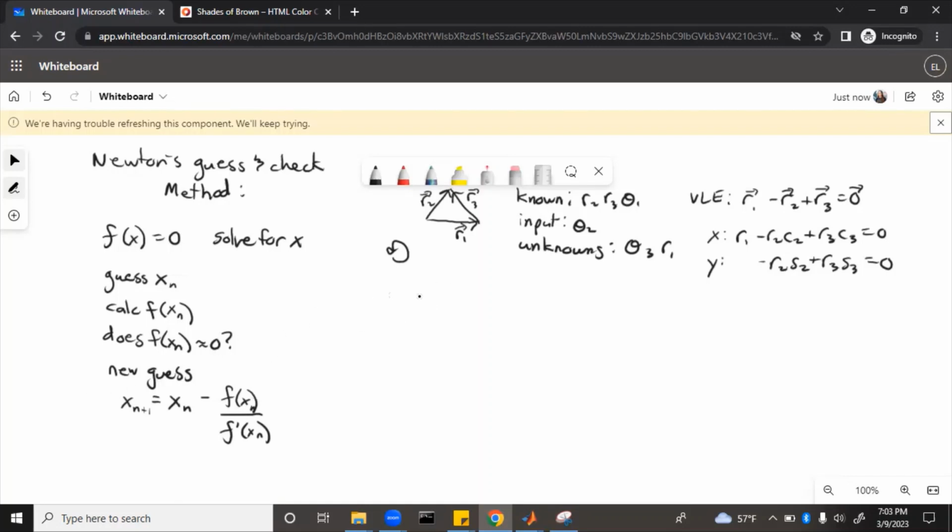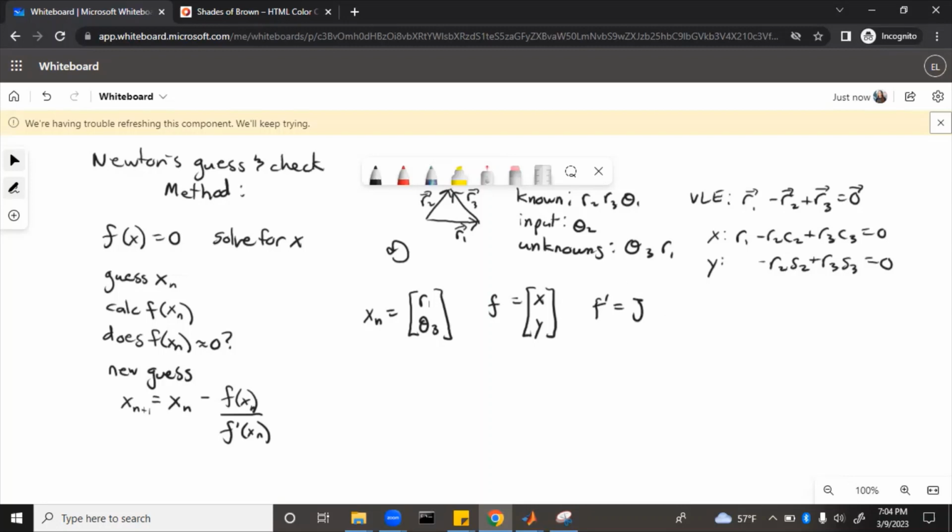So the X vector really is going to be R1, theta 3. And then the F is going to be the X and Y, because those are the equations. We want the vector loop to equal 0. So F is going to equal X, Y. And then F prime is really the Jacobian.